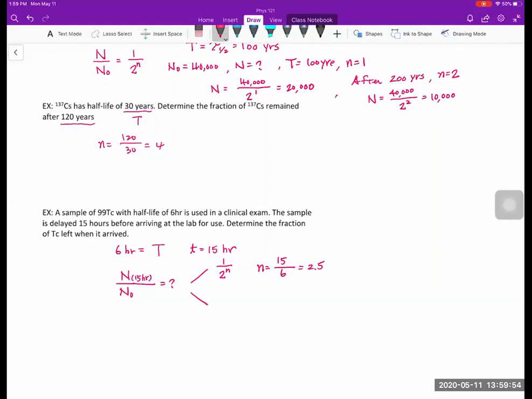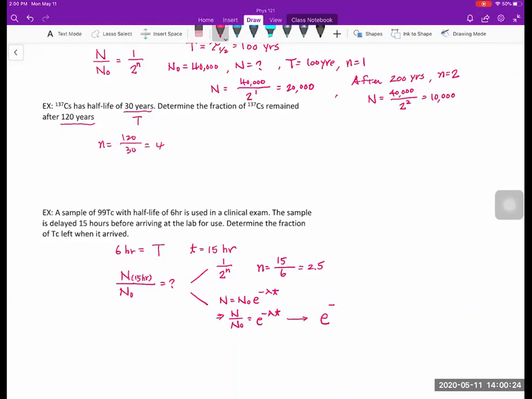Another way you can do it is to use the exponential function. That function is N equal to N0 e to the minus lambda t. That also tells you N over N0 is equal to e to the minus lambda t. So you can use this one to calculate that. Well, you have to figure out what the lambda is, right?